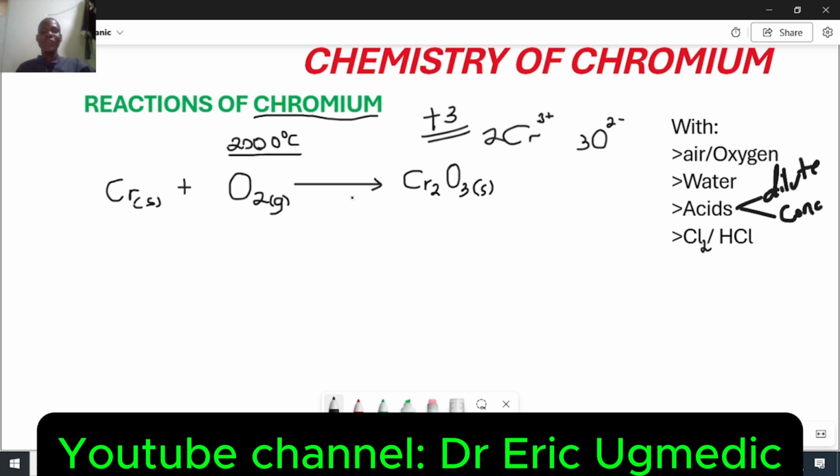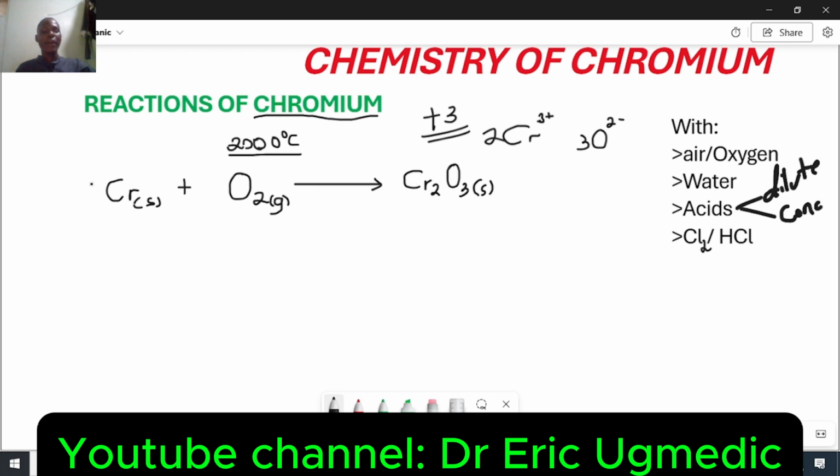So I can balance this by multiplying the oxygen by a 3 this side, or let me try to use an easier way. How am I going to balance this equation? I can look at the chromium first. Chromium, this side I have 1, this side I have 2. So how do I balance this?